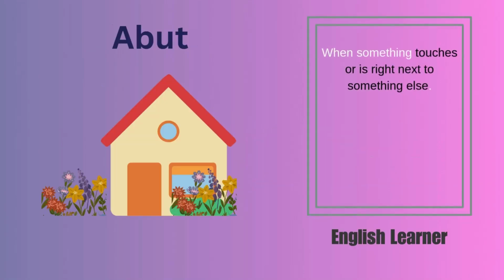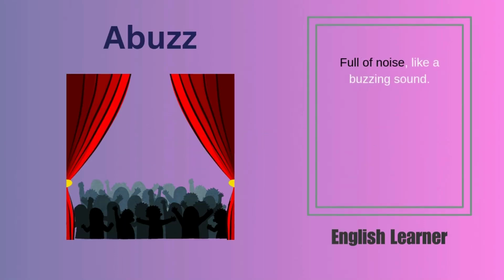Abut. When something touches or is right next to something else. Example. The garden abuts the side of the house. Abuzz. Full of noise, like a buzzing sound. Example. The room was abuzz with excitement before the concert.